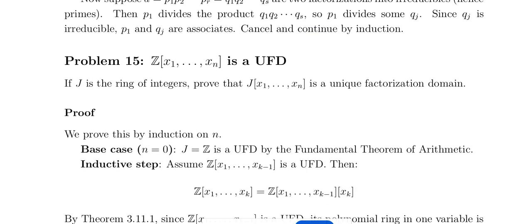Z of x1, x2, ..., xn is a unique factorization domain. If J is the ring of integers, J of x1, x2, ..., xn is a unique factorization domain.